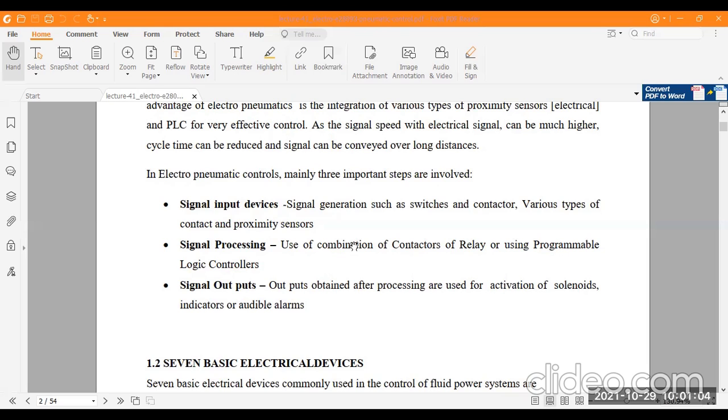Please remember these things. This electro-pneumatic controller part mainly involves three important steps. First, the signal input device, which is connected to different types of switches and contactors, and also various types of proximity switches or proximity sensors.